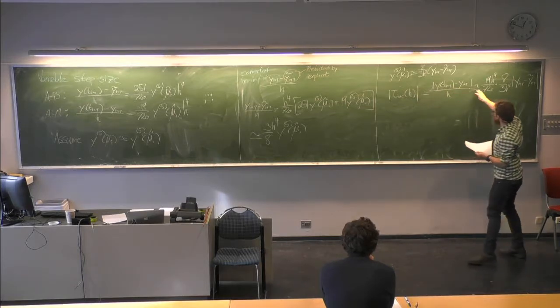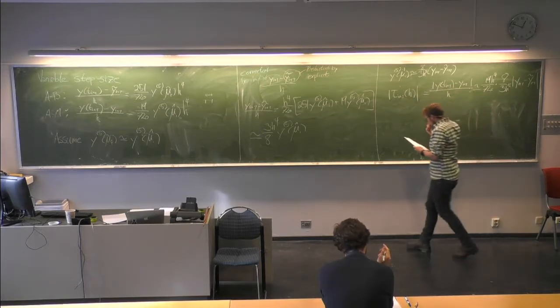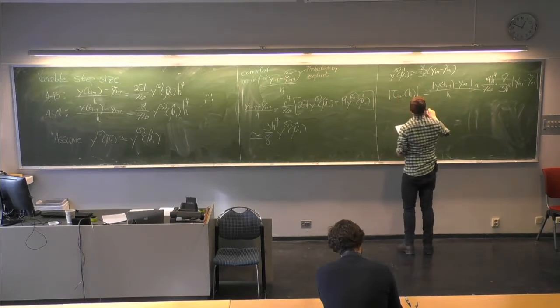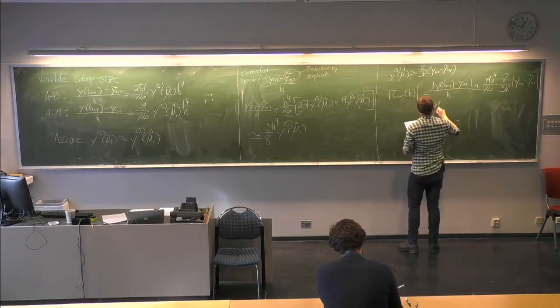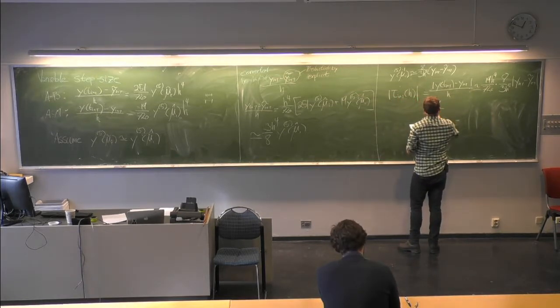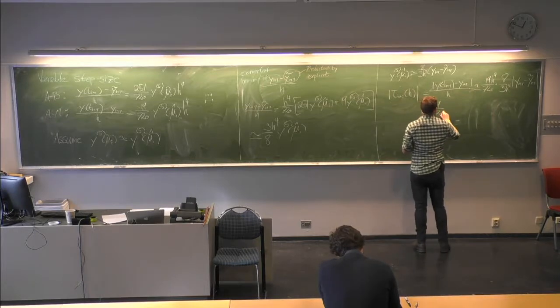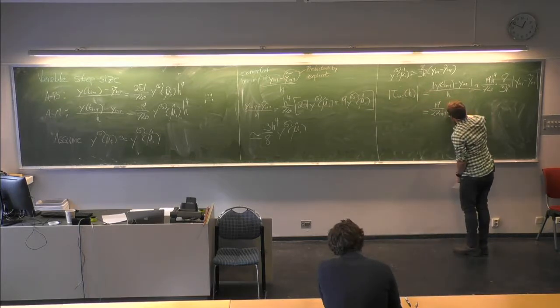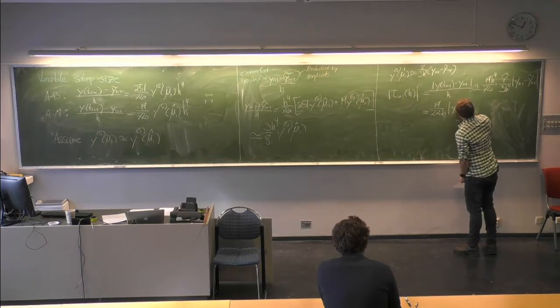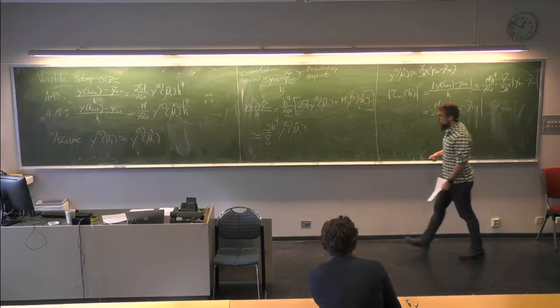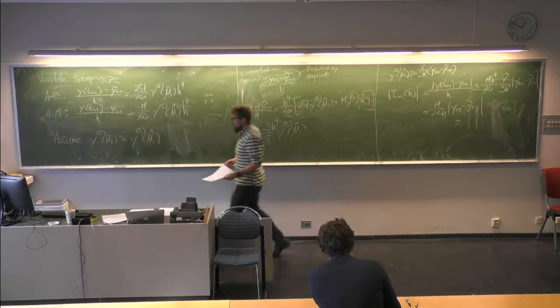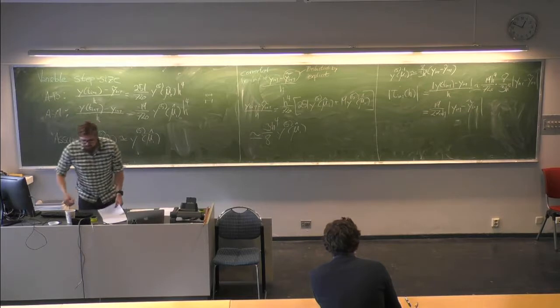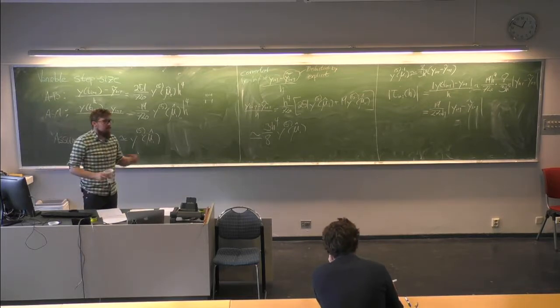So approximately equal, 19 over 270. And that is similar to the ODE45, only that uses both RK4 and RK5 and looks at the difference.